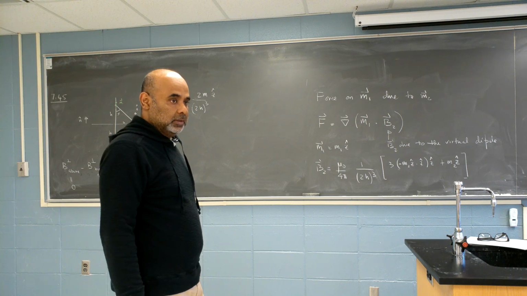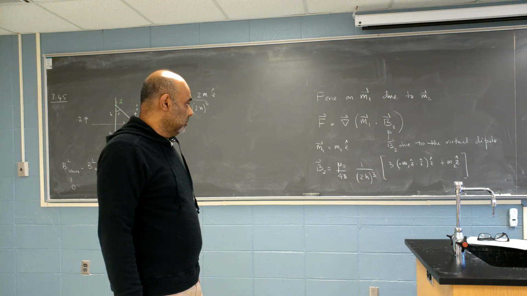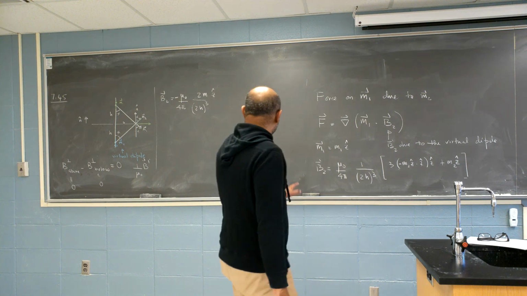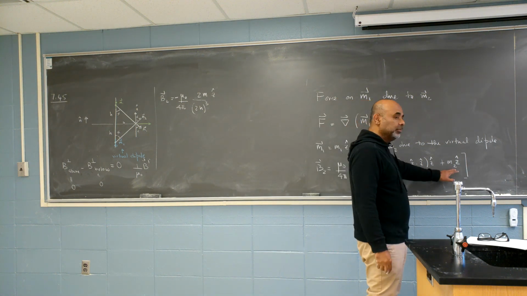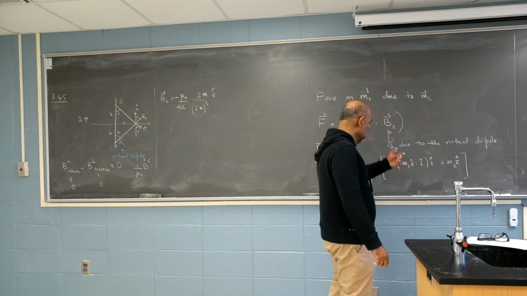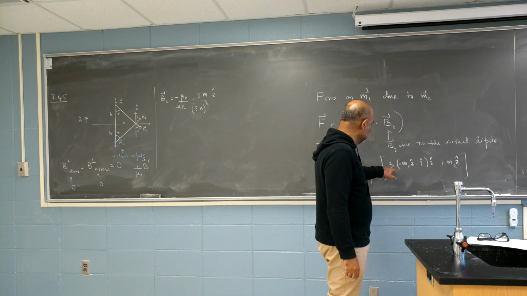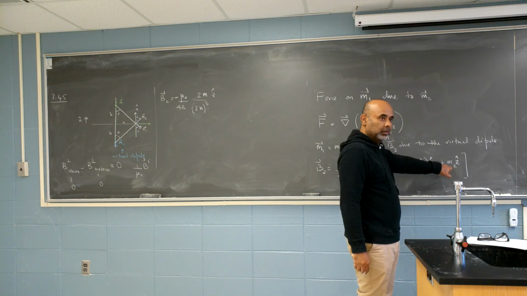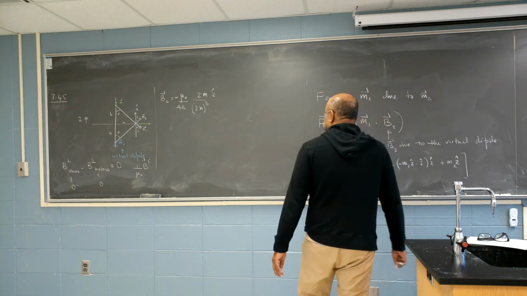Because I did two things here. I got rid of this m2, and we'll call it m. It's the same magnitude, it just points differently. This is minus 3, this is 1. So it's minus 2.